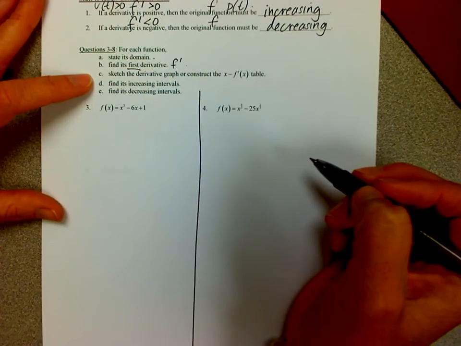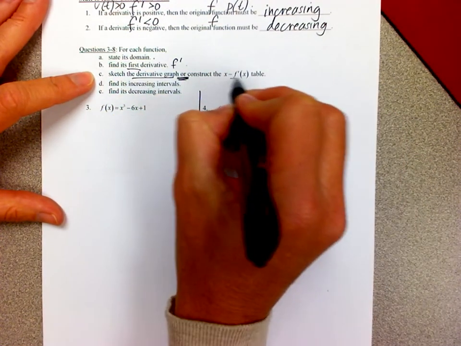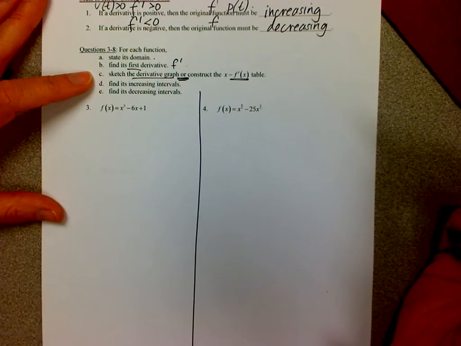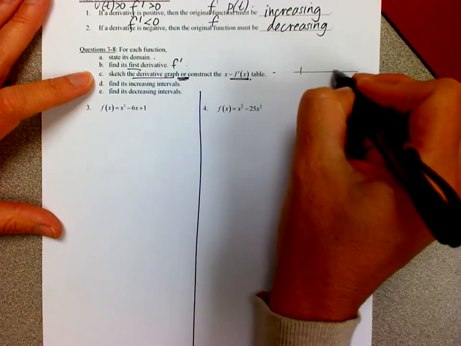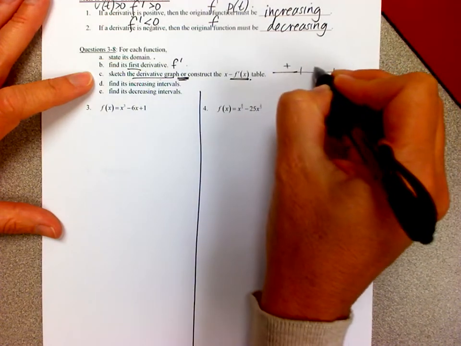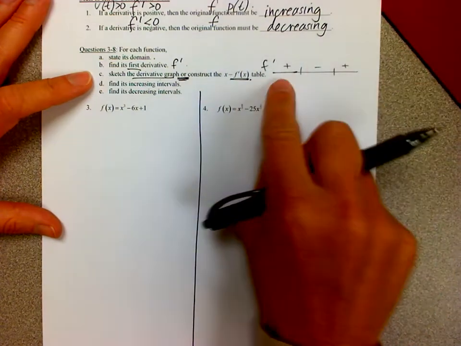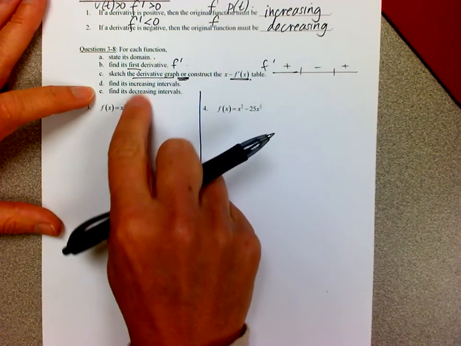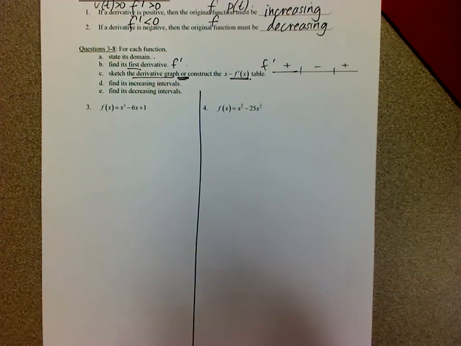We're going to sketch the derivative graph or construct an f prime table, and I'll explain what that means. From this f prime table, we're going to have a table that shows intervals where the function is positive versus negative on f prime. So therefore, we'll be able to answer where f is increasing or decreasing. Okay, so that's the overall goal.